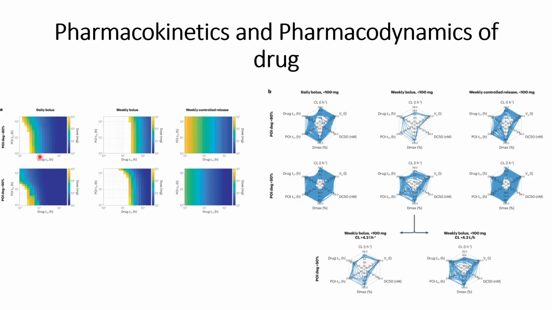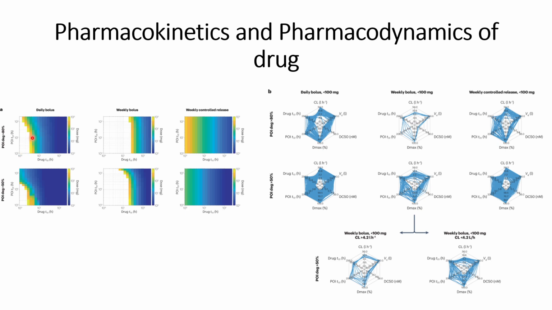This is how a general, good pharmacokinetics drug looks like. It needs to have a high drug half-life, and at the same time it should have high protein degradation, and the protein of interest half-life is shown on this axis.